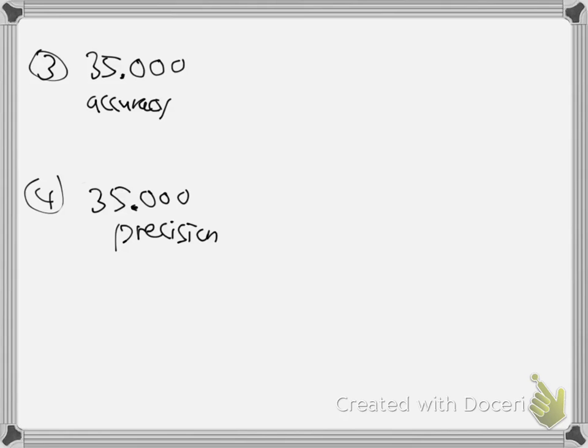All right, let's start off with number 3, the accuracy. See if you can do both of those. Remember, accuracy is all the digits, and precision is the place value.